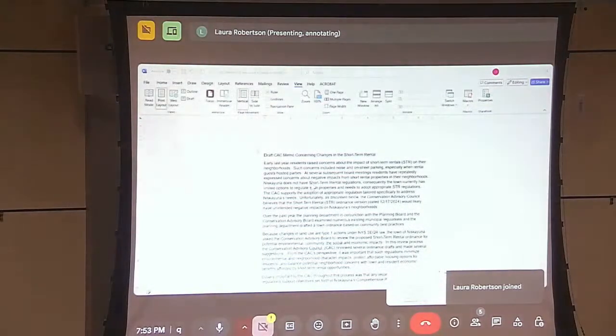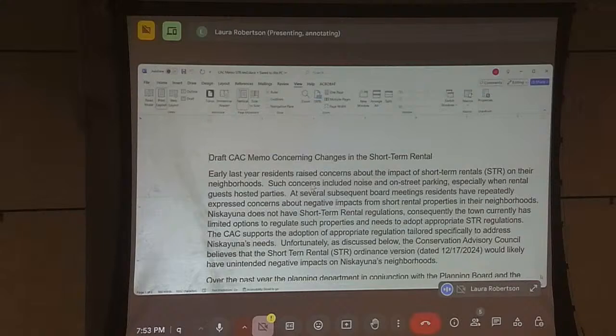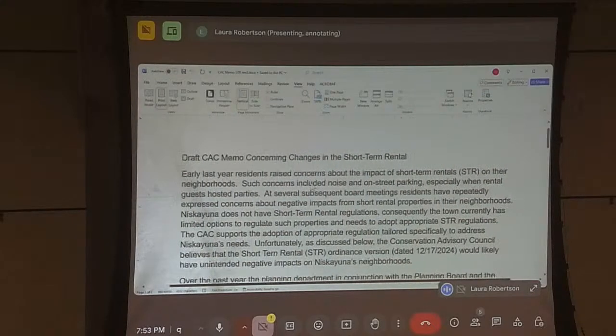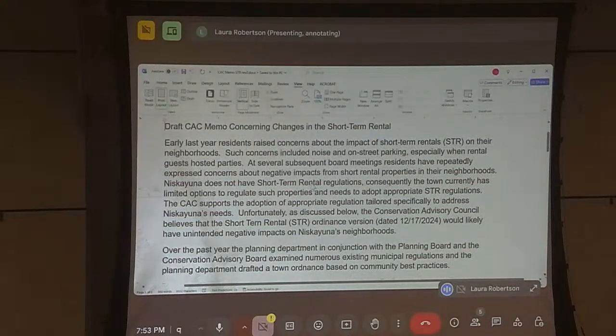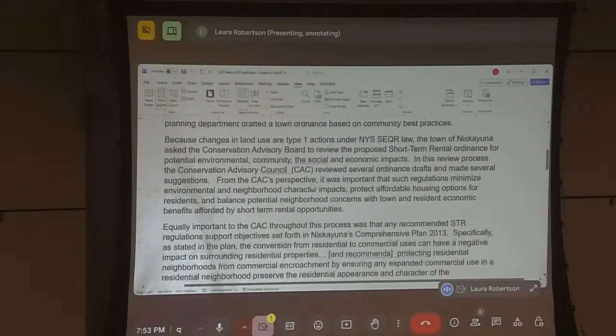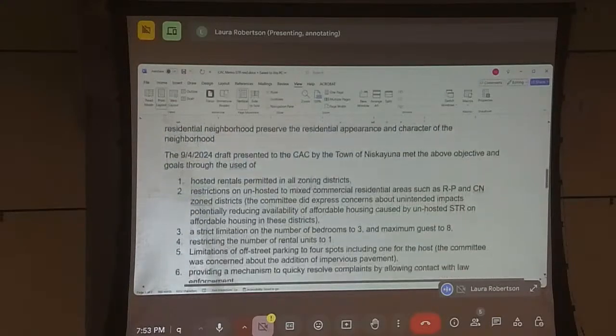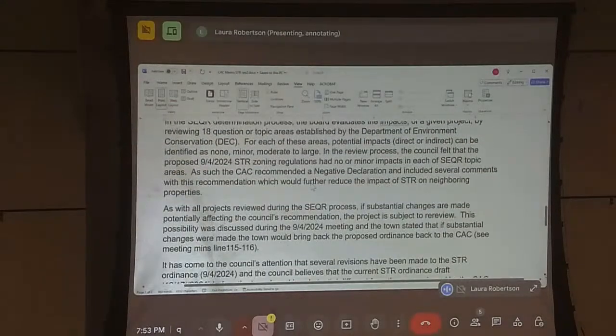But I said that while the 9-4 draft was a good compromise to meet those needs, the amended draft, which I'm calling the 12/17/2024 draft, would likely have substantial negative, unintended impacts on Niskayuna's neighborhoods. So that's basically the first two paragraphs. I'm just trying to set the stage with this memo.